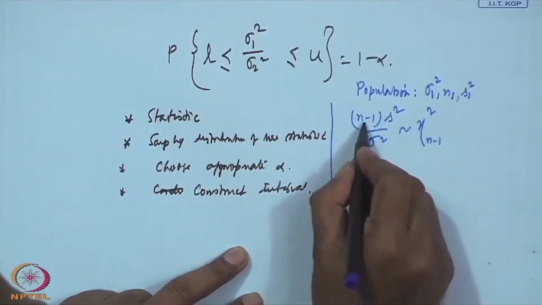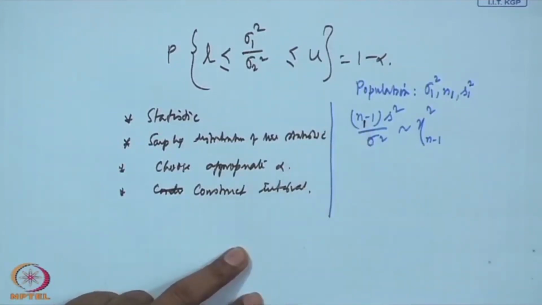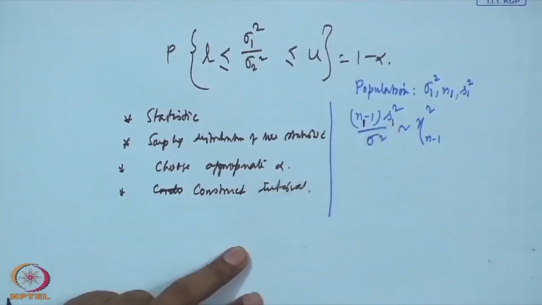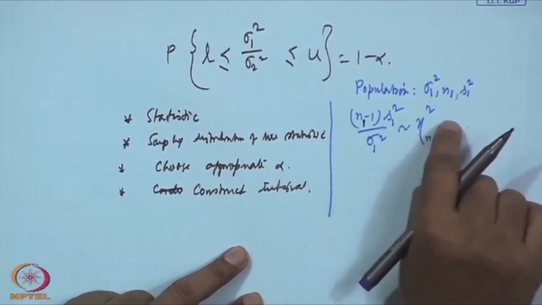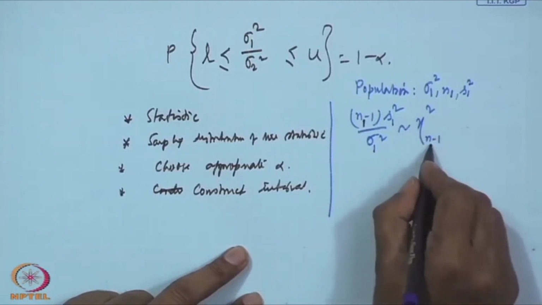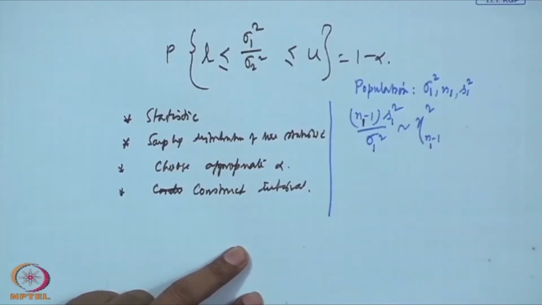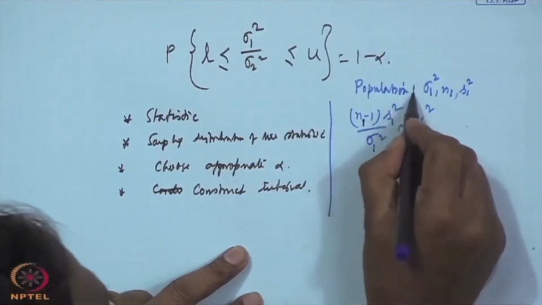Then your statistic, n 1 minus 1 S 1 square by sigma 1 square, will follow chi-square distribution with n 1 minus 1 degrees of freedom. Yes or no?